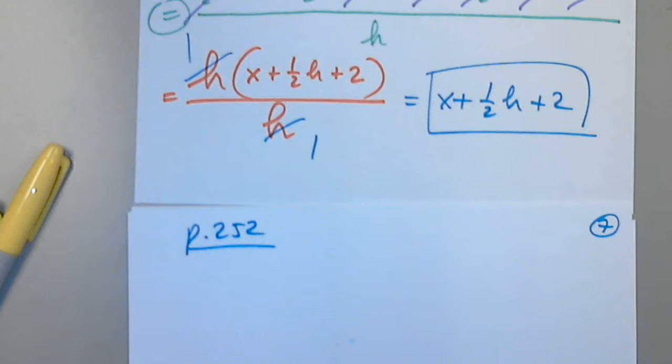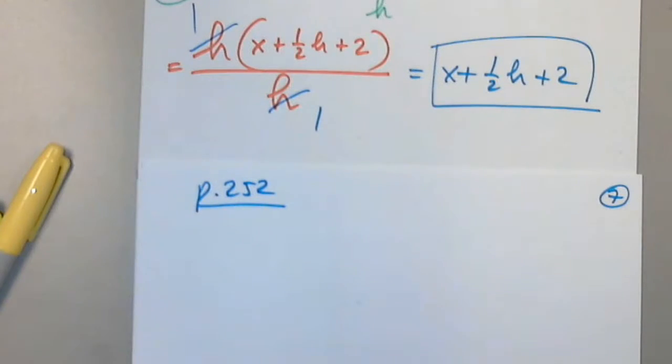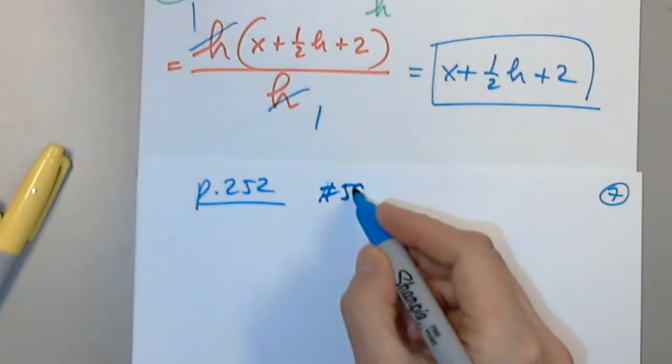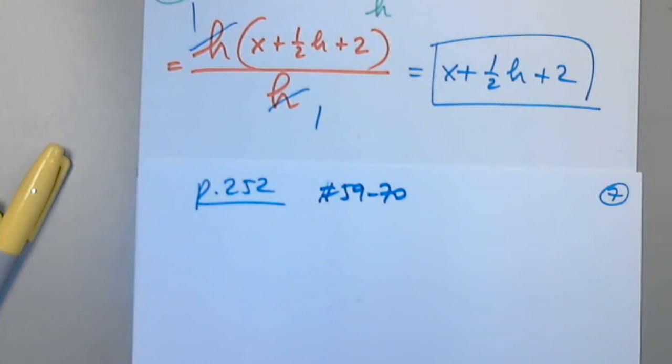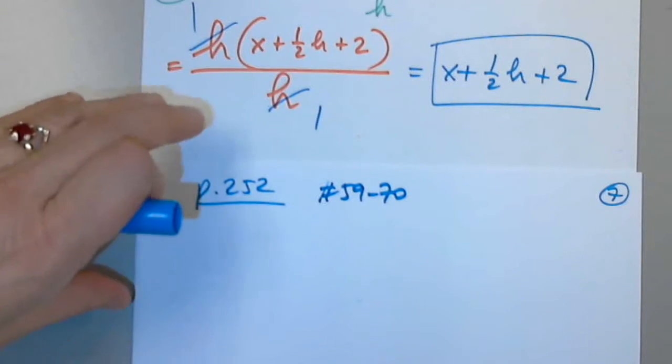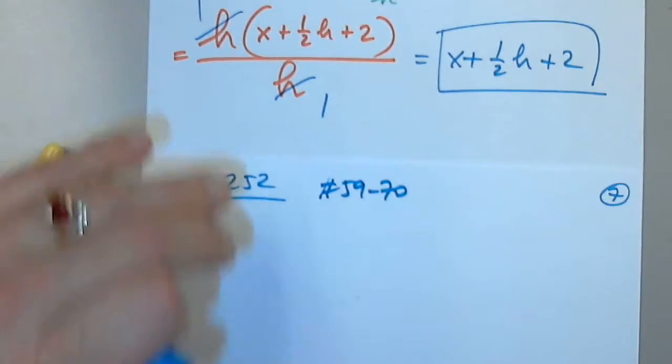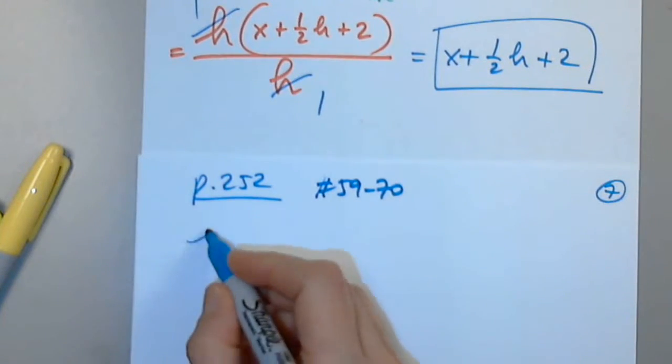The problems are 59 through 70. Okay, I'll make one up.